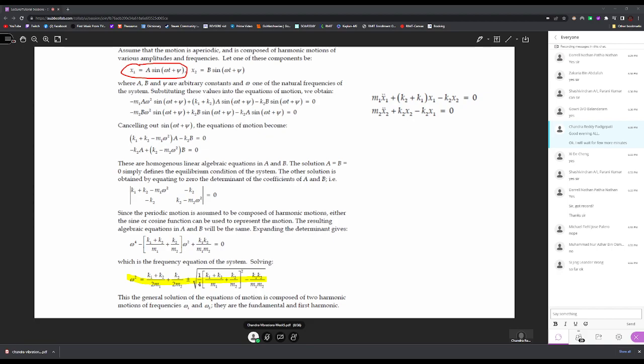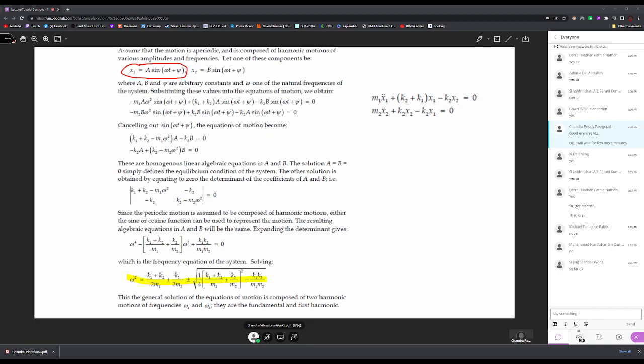Here this is written in a different notation, psi, which is nothing but the phase, where omega is the natural frequency. Similarly, x2 can be written as B sine omega t plus the phase. We assume both x1 and x2 like this.